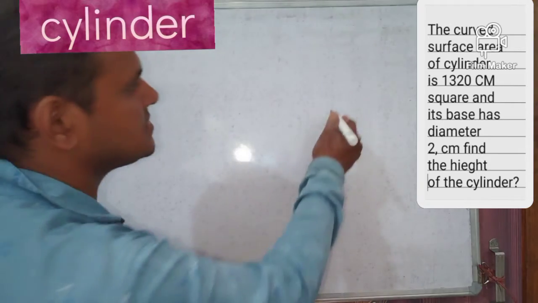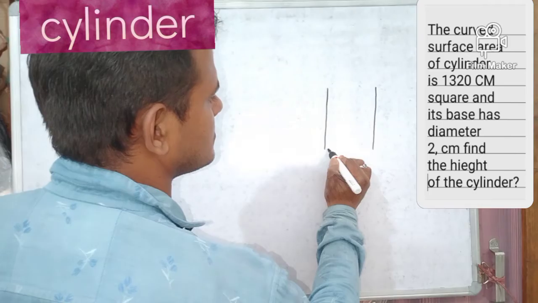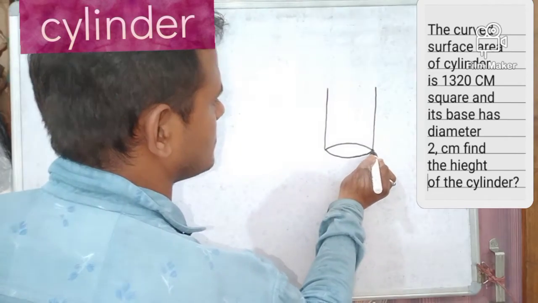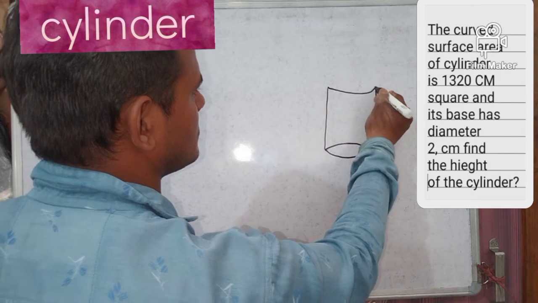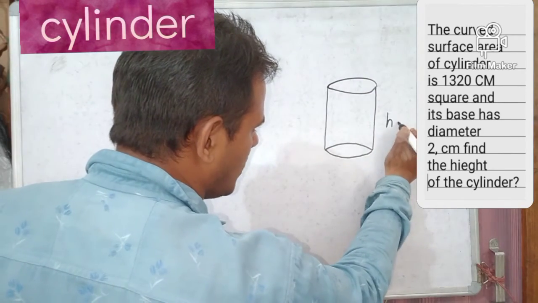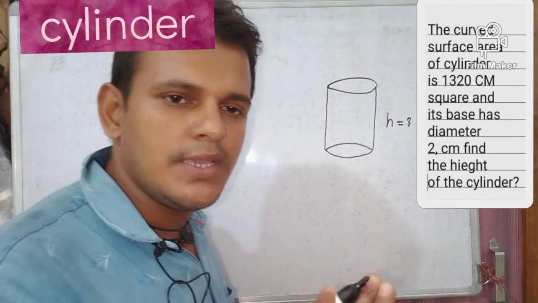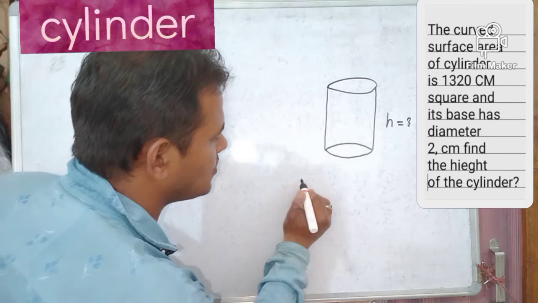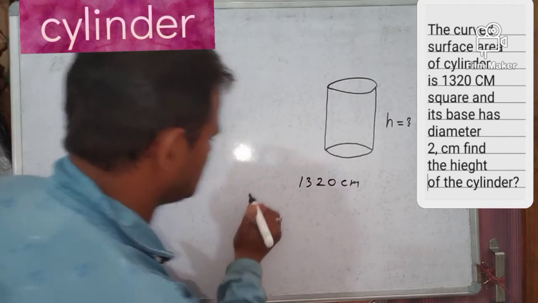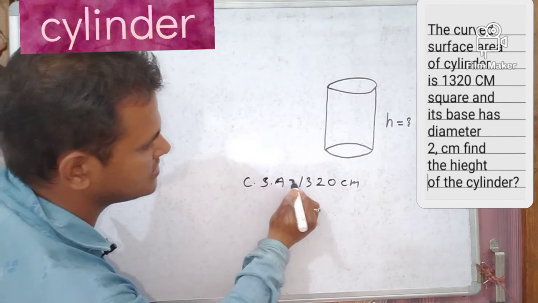So now see here friends, this is a cylinder, right? Our target is to find the height. Total curved surface area is given, 1320 centimeter square.